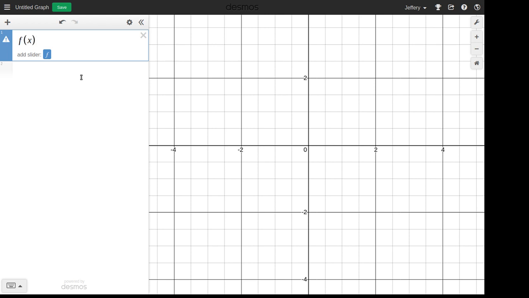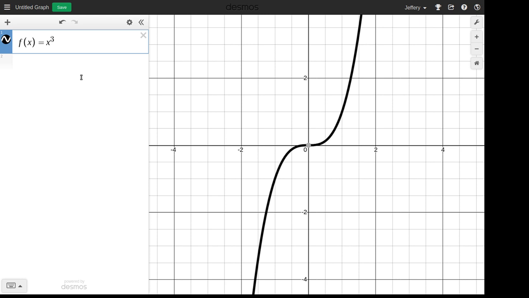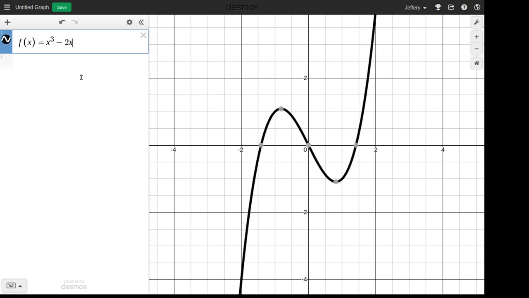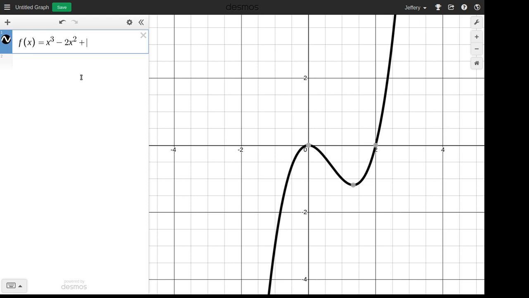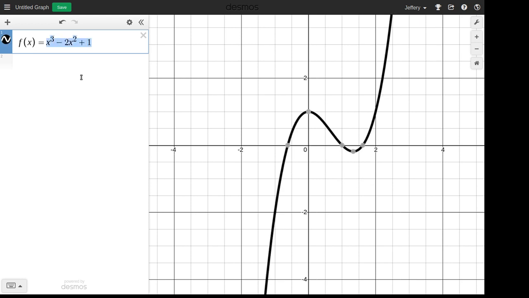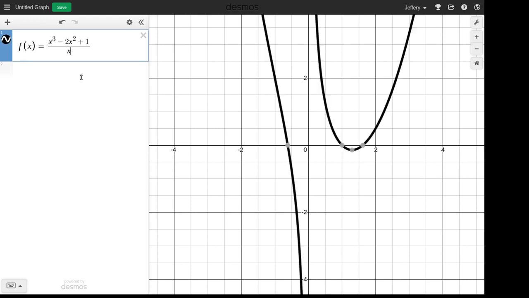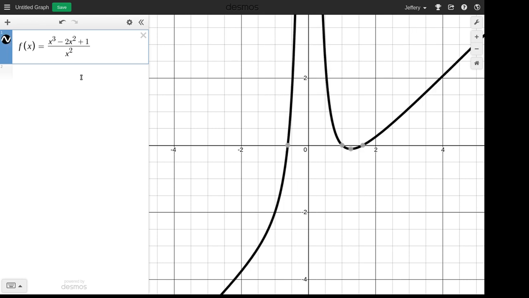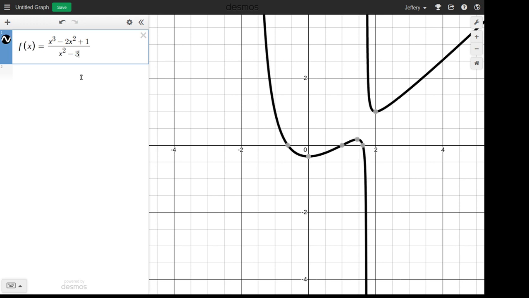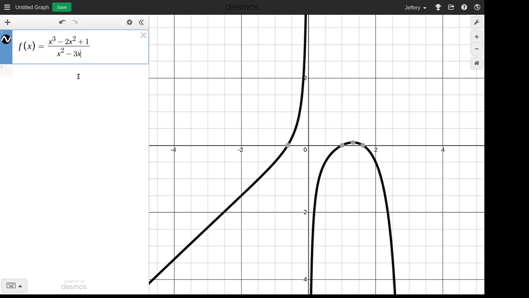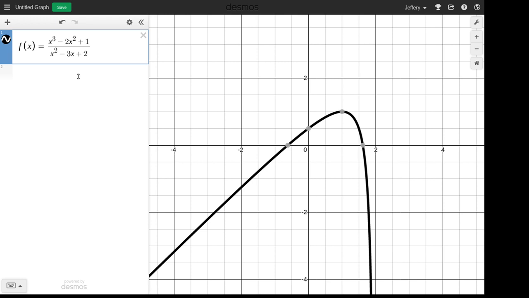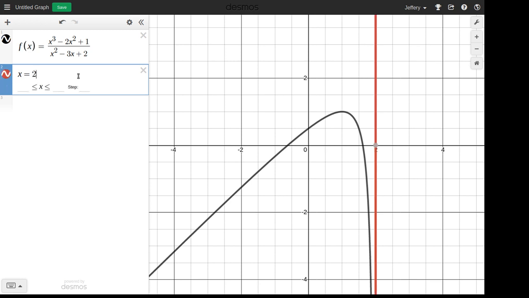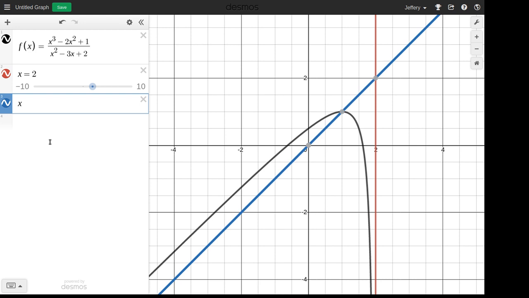F of x equals, and my numerator was x cubed minus 2x squared plus 1, all over x squared minus 3x plus 2. And I'm actually going to put in both of the asymptotes, because we said x couldn't equal 2 and x couldn't equal 1.